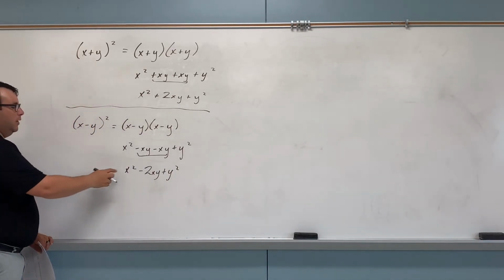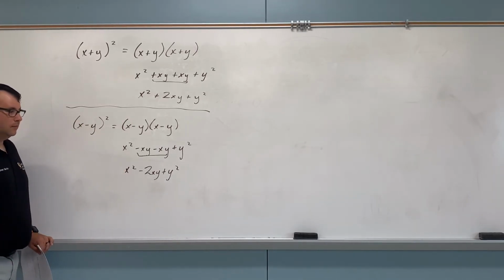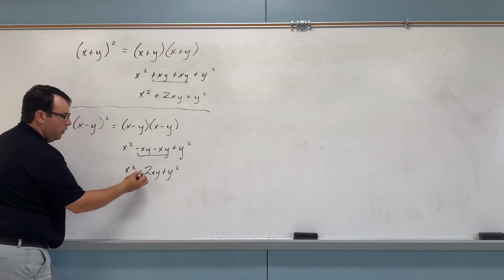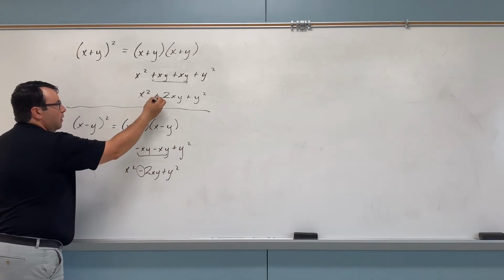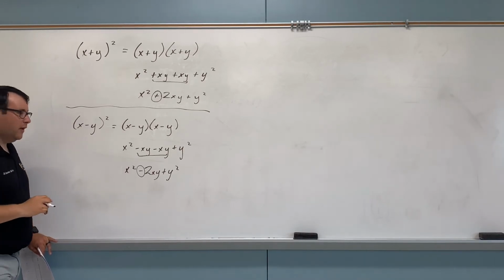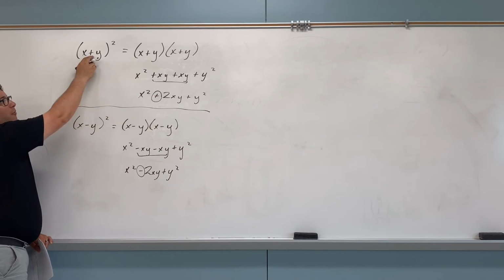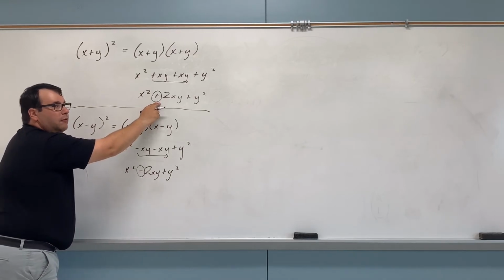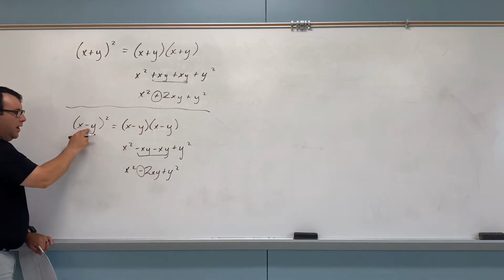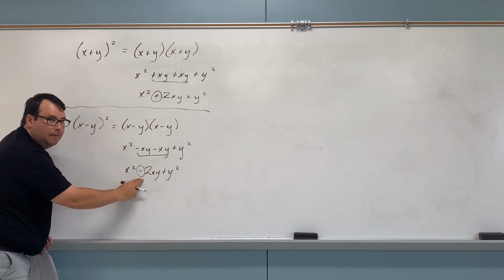What's the difference between this solution and this solution? The only thing that you can see is the sign. Now check this out. What was your original sign in this problem and this problem? This sign was positive, and the solution came out positive. This sign was negative, and this solution contained a negative.